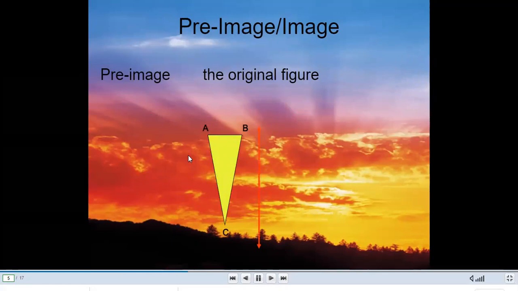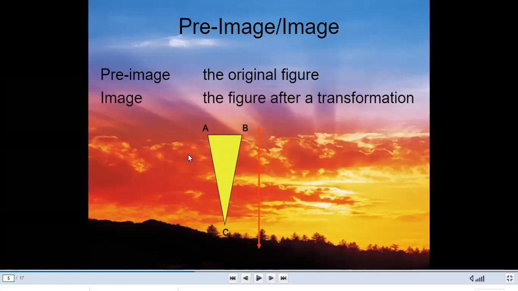After that, if we want to find the image, the image is the figure after a transformation. Is this your question, Judy? Yes. Okay, so the pre-image is the original figure, and the image is the figure after a transformation.